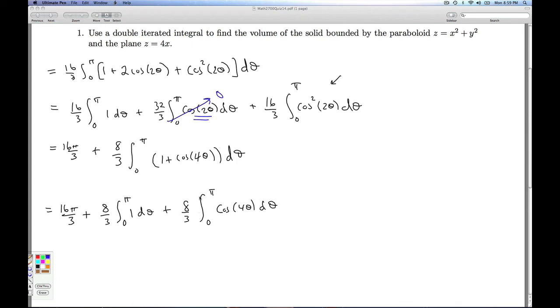I'm integrating a cosine function over 2 of its periods. That integral is going to cancel out. So I get 16 pi over 3 plus 8 pi over 3, for a grand total of 24 pi over 3, which I suppose I could reduce to 8 pi. So that'll do it for quiz 14.